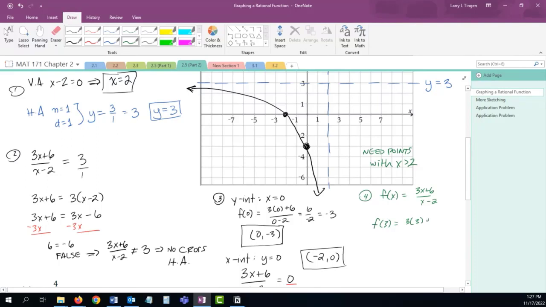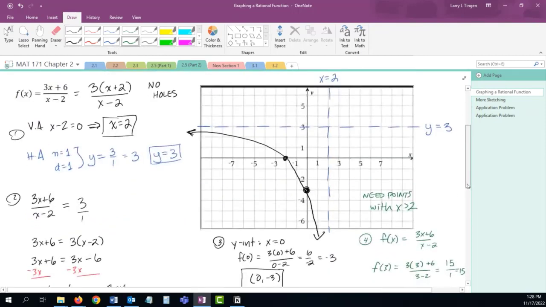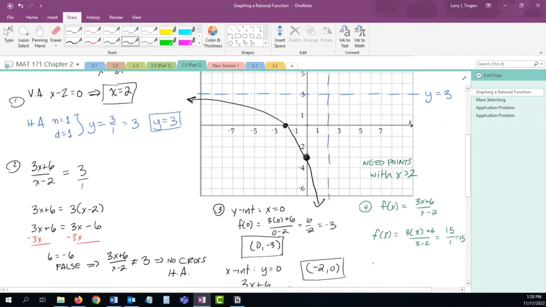Plug in 3. 3 times 3 is 9, plus 6 is 15 over 1, which is 15. So when I plug in 3, I am way up here. That one's a little off the graph, so let's go a little farther to the right.